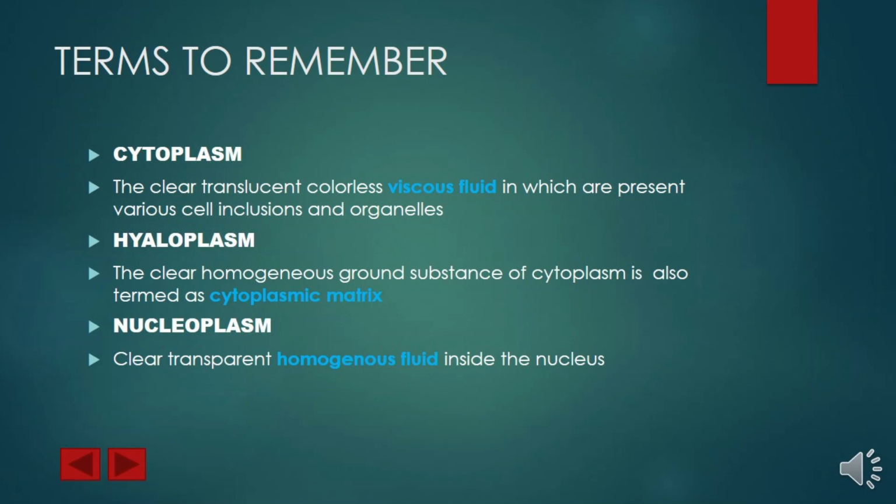So here you have to remember, cytoplasm means the liquid inside the cell, and nucleoplasm is the liquid inside the nucleus. By hearing the word itself, you have to identify: cyto means inside the cell, and nucleo means inside the nucleus.